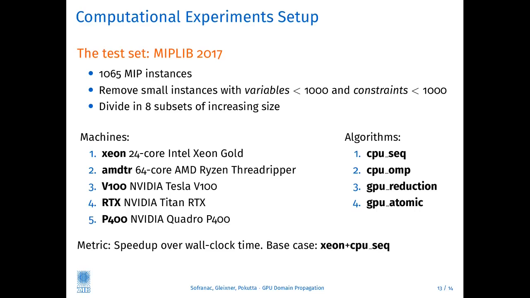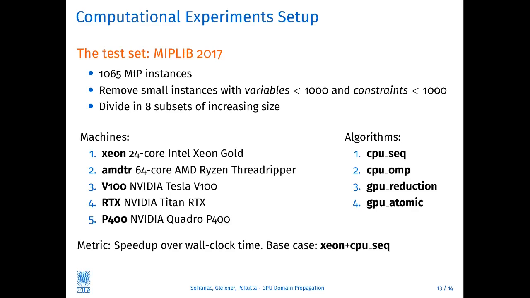We tested 4 algorithms. First, just the sequential implementation that closely follows the algorithms found in modern MIP solvers. Second, we implemented the same algorithm in parallel with OpenMP using CPU shared memory. Lastly, we have the 2 GPU algorithms we already discussed, the atomic and the reduction-based kernel.